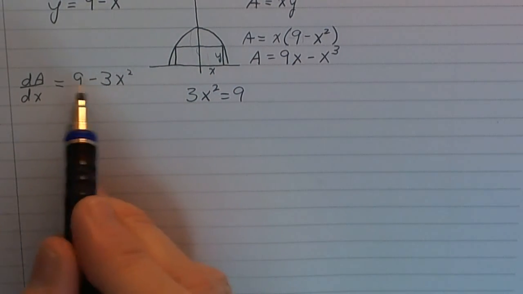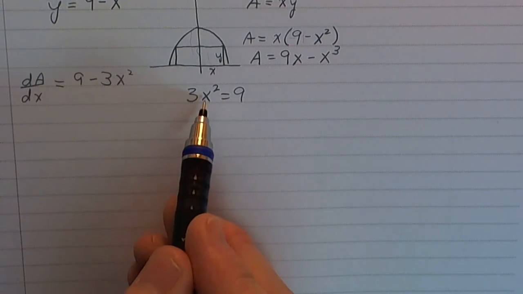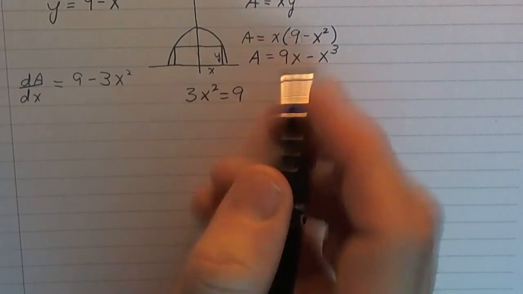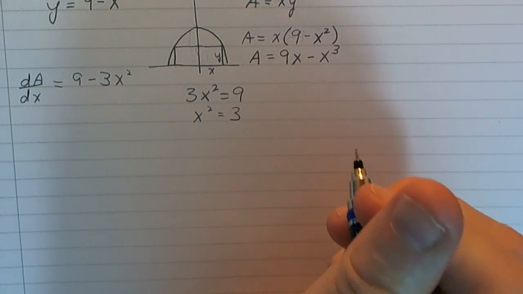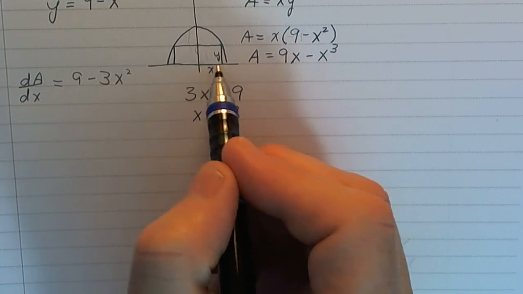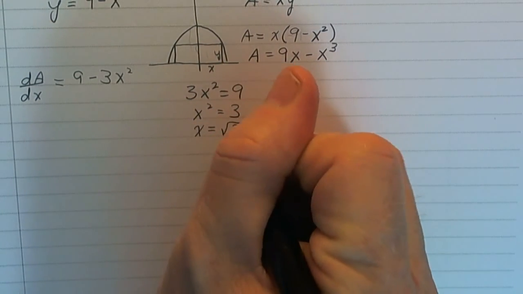Just did a shortcut there, skipped the step really. So setting this equal to 0, or saying 3x squared equals 9, same thing. Now if I divide, I get x squared equals 3. And then I just square root it. I'm going to just do the positive root here, right? So I've got x equals the square root of 3.